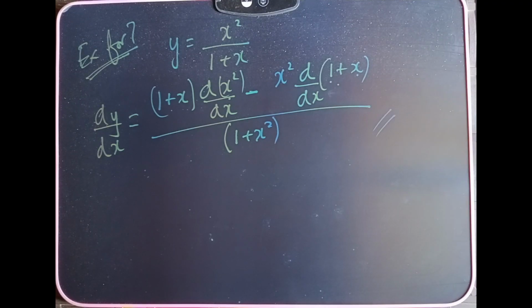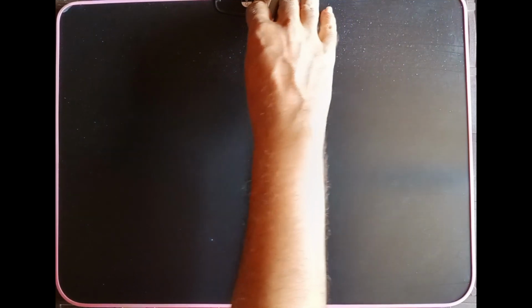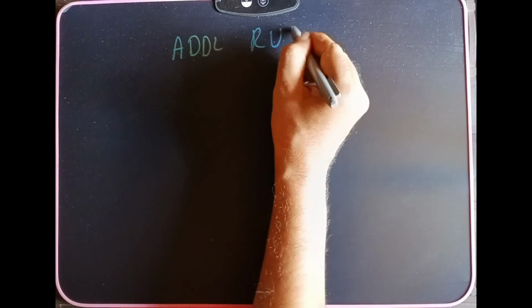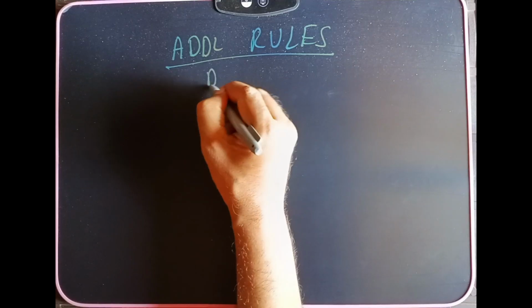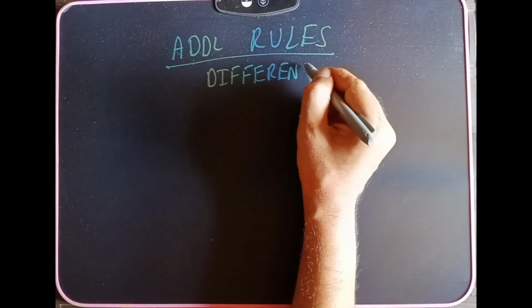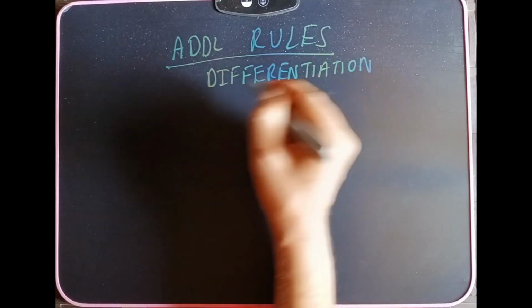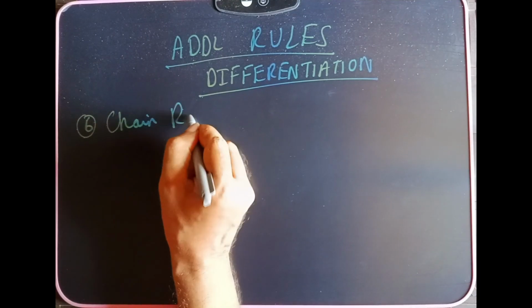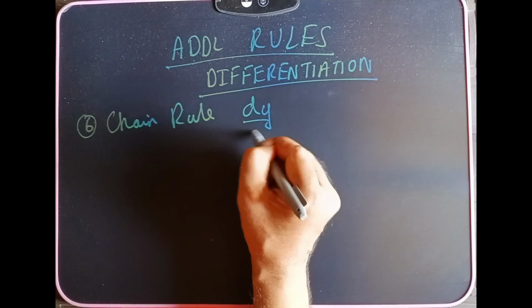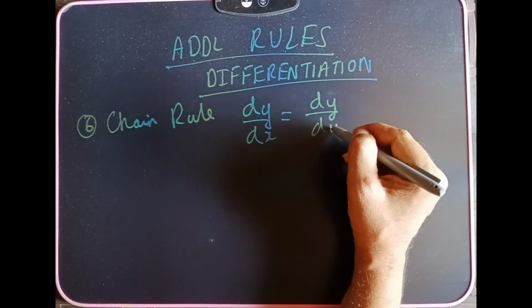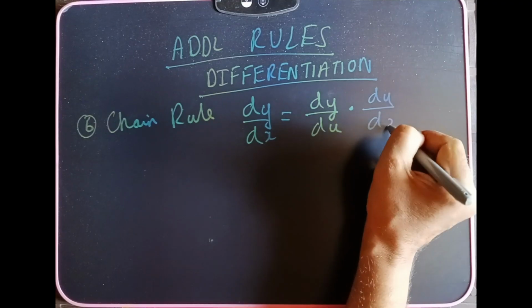So these are the additional rules which we had to cover for differentiation. I'm just summarizing. What are the additional rules we have studied? We have studied 6, the chain rule, wherein we write dy by dx is equal to dy by another parameter du, a replacement parameter, multiplied by du by dx.